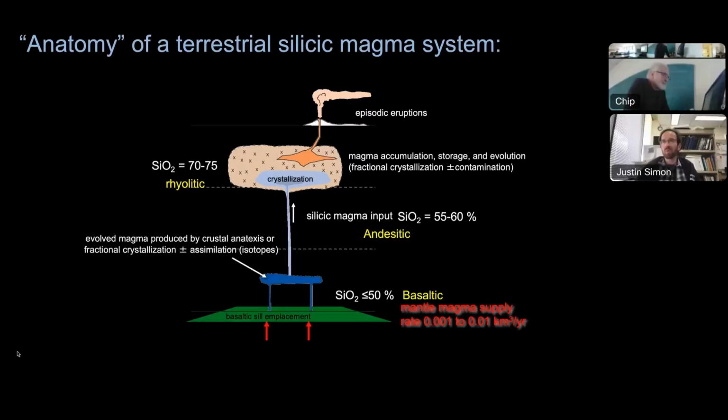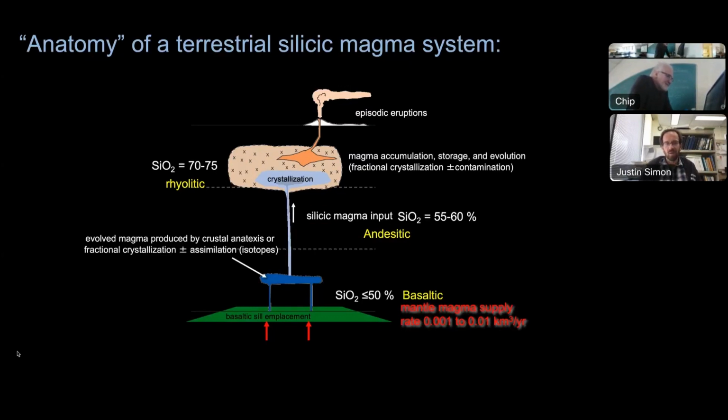This is a fundamental problem for the moon. Felsic magmas don't just appear. They are based on this huge stack of plumbing. Can you see the cartoon again, Chip? Yes.